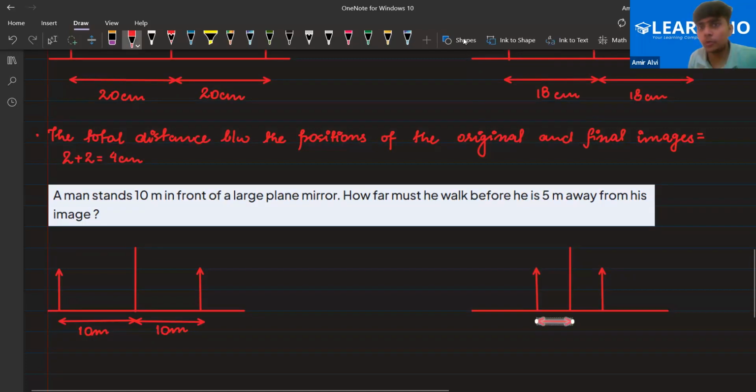Over here, it would be 2.5 and 2.5 will be equal to 5. Is that clear, all of you? Yes, sir.